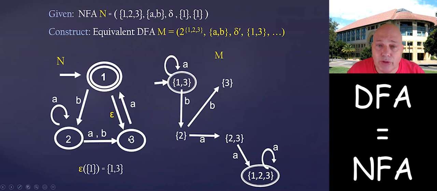From 2 on a B you can reach 3, from 1 on a B you can reach 2, and that's it. The epsilon closure is the same, so a B would bring you to {2, 3}. And with a B from {2, 3}, you can reach 3, because there is no transition from 3 labeled B, and from 2, you can reach 3.